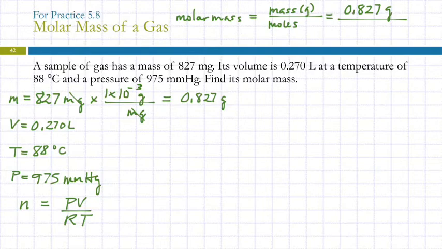So pressure, volume, R, gas constant, and T. We always have to be careful about the units here. Is liter a good unit for the ideal gas law? Yeah, it is. The gas constant is liter atmospheres per mole Kelvin. So liters is good. Is degrees Celsius good? No, that needs to be in Kelvin. So let's convert that to Kelvin.